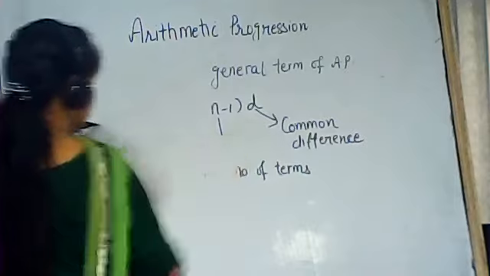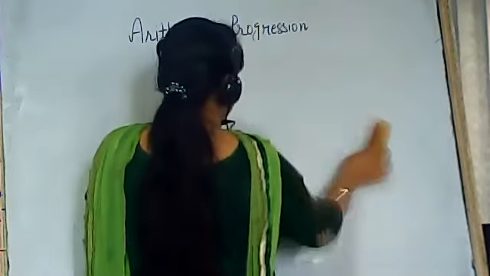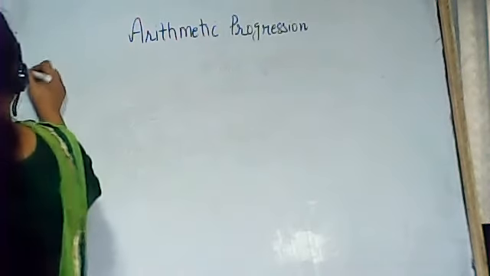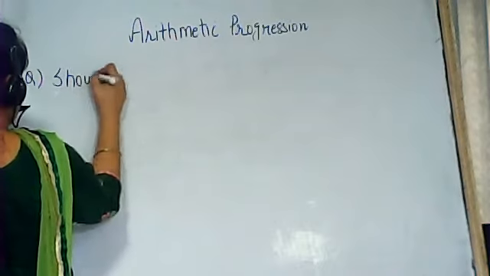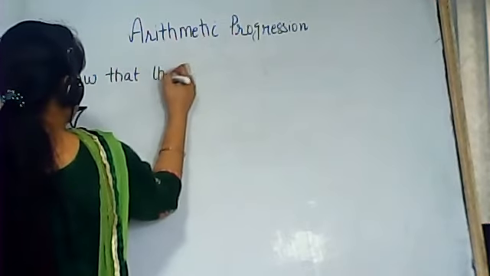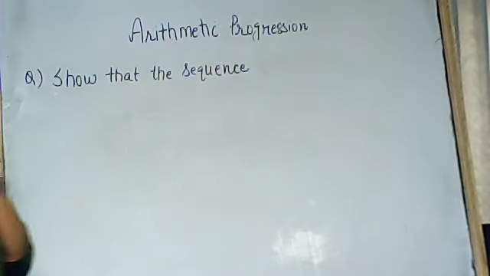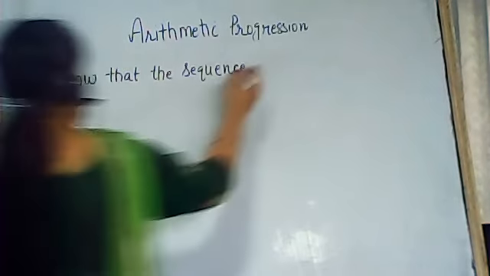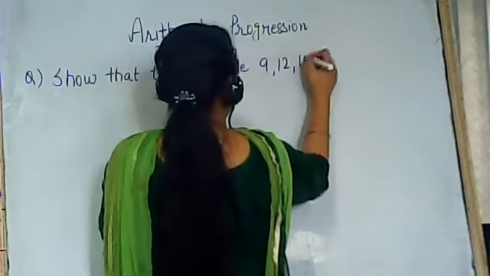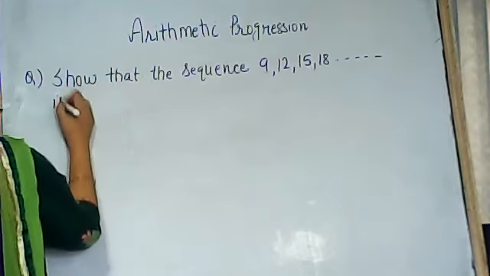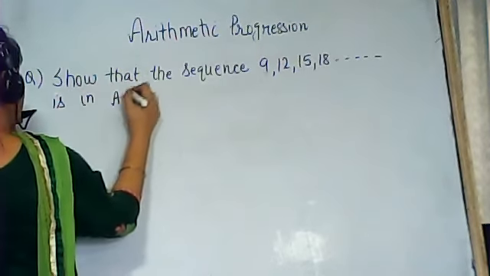So let us start with the first example of AP series. So please note down the first example. First question is, show that the sequence 9, 12, 15, 18 and so on is in AP.